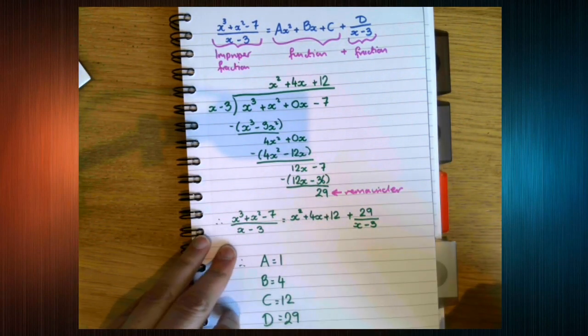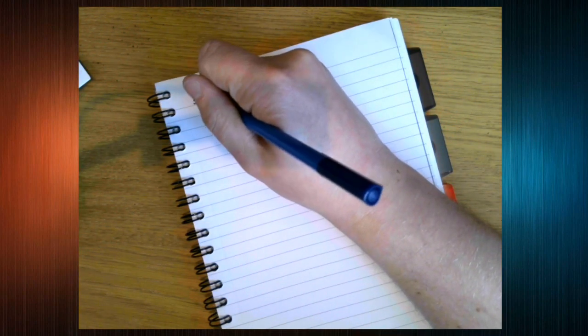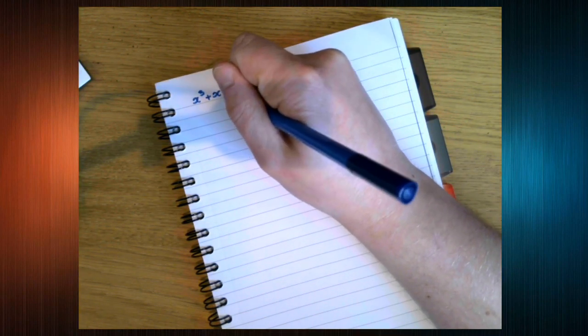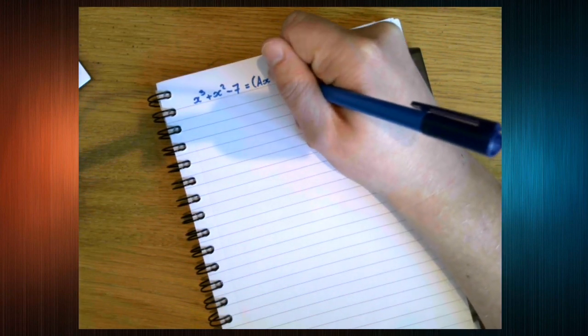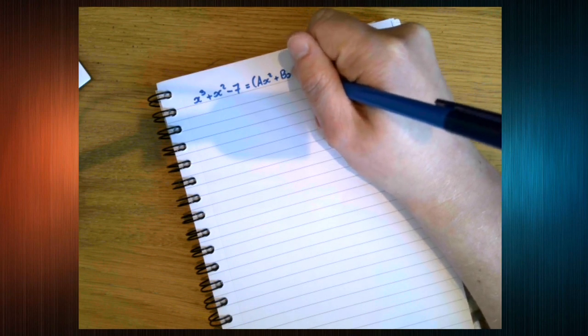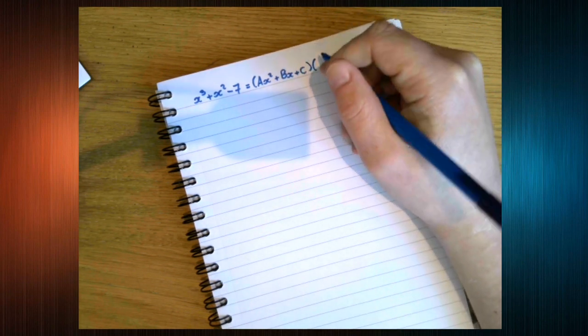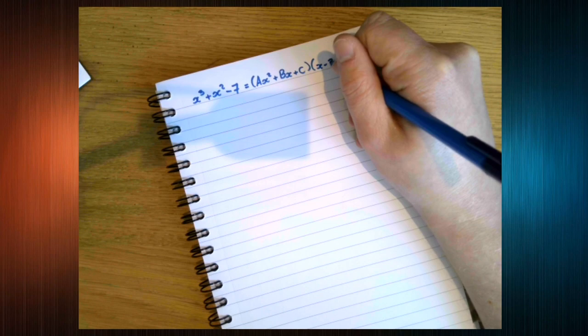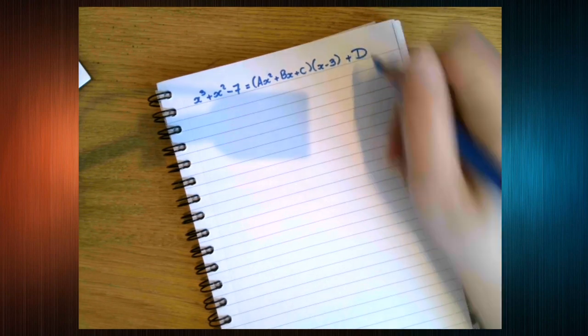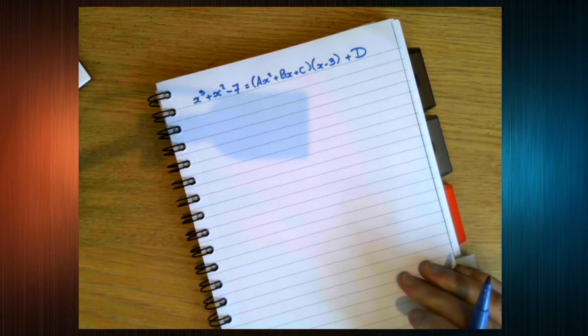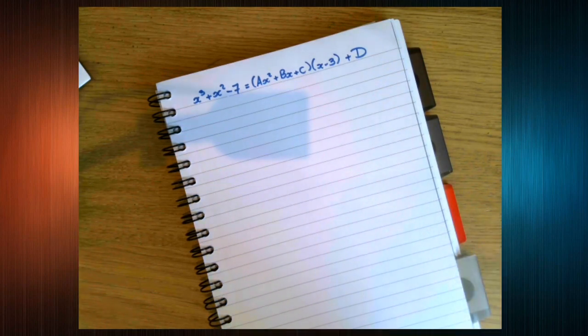Now, they could ask this question in a different way. They could say, given that x cubed plus x squared minus 7 is equal to ax squared plus bx plus c times x minus 3 plus d, find the values of a, b, c, and d. And this would be exactly the same question, just rearranged slightly.